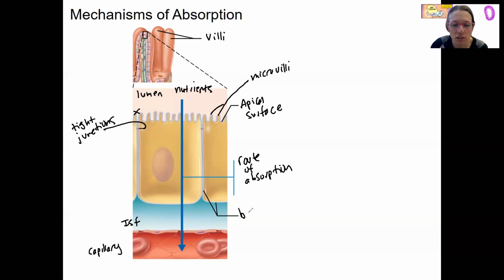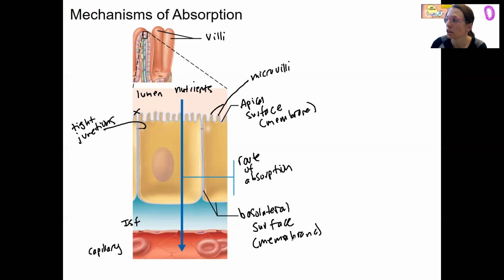This is our basal or basolateral surface, also called membrane. Okay, so this surface here is a membrane. And actually, I want you to think of it as a membrane because we're going to have to think about going through that membrane. Let's cross that A out.